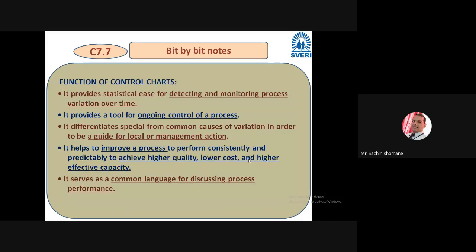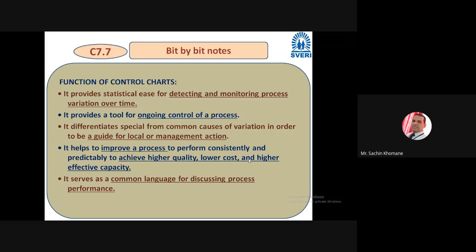Now, what is the function of control charts exactly? I have explained this chart and certain functions also, but we'll see certain functions still. Friends, the control chart provides statistical easiness for detecting and monitoring process variation over time.